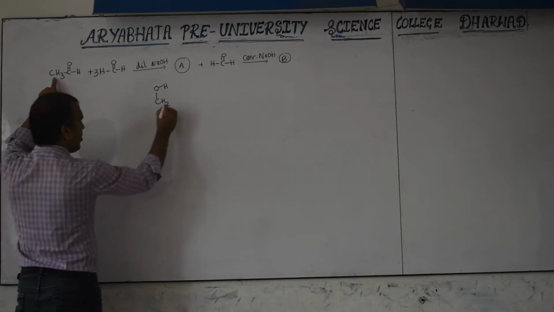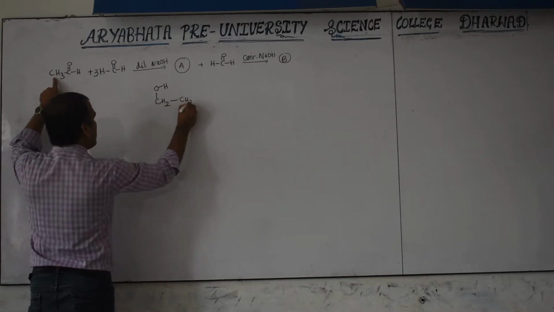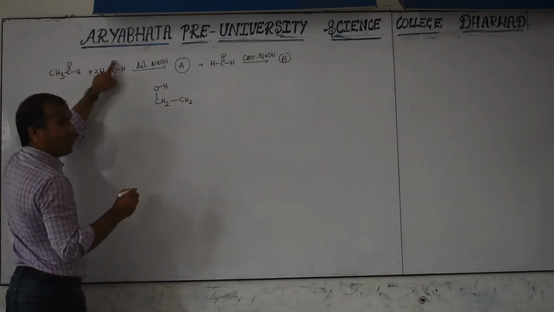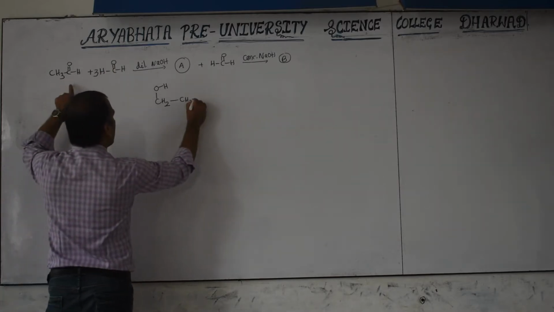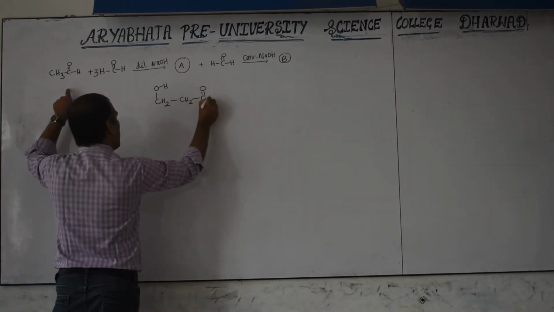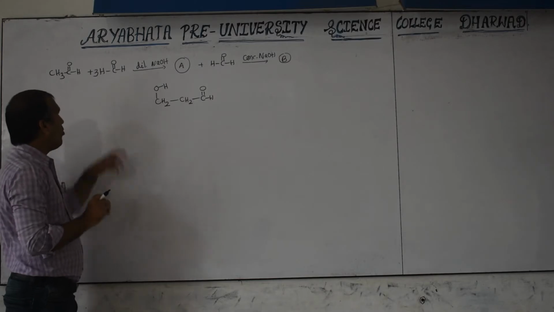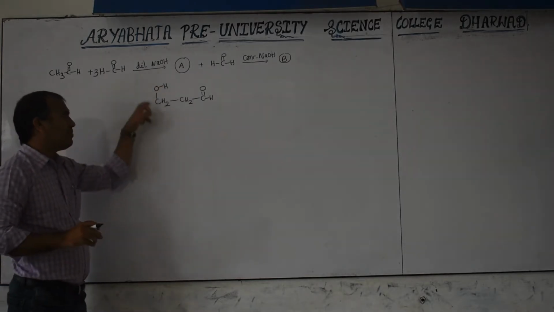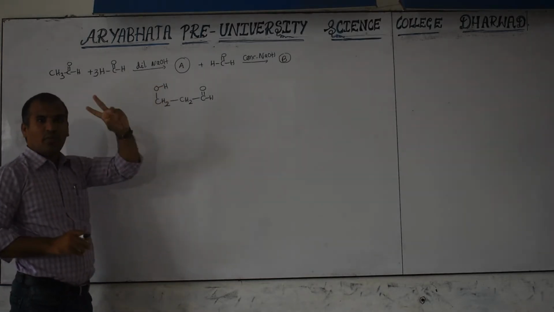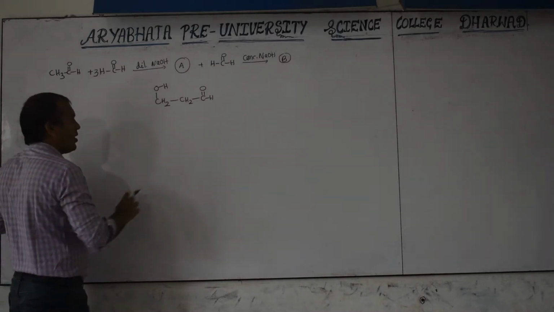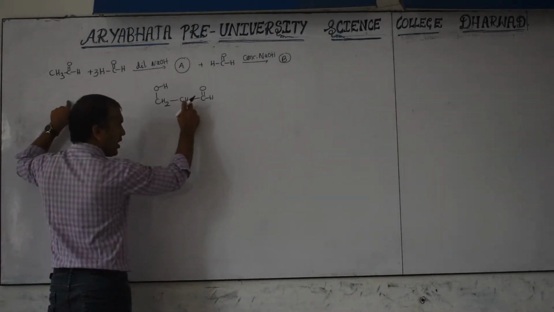Here how many hydrogens are left remaining? CH2, one hydrogen has gone here. Remaining here is C double bond OH. This is one mole of aldehyde. One mole. Remaining are 2 moles. Then here, one hydrogen, total 2 hydrogens are there.